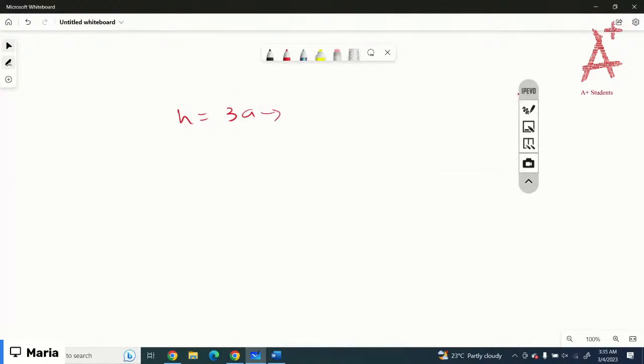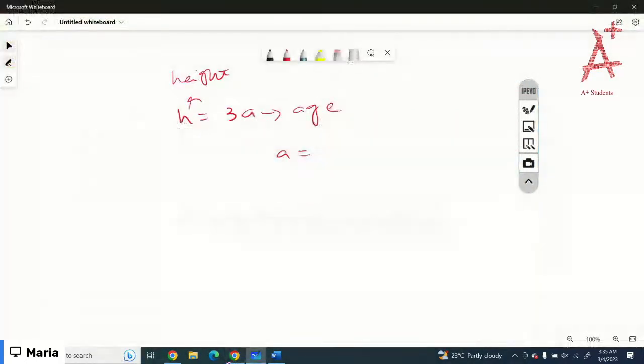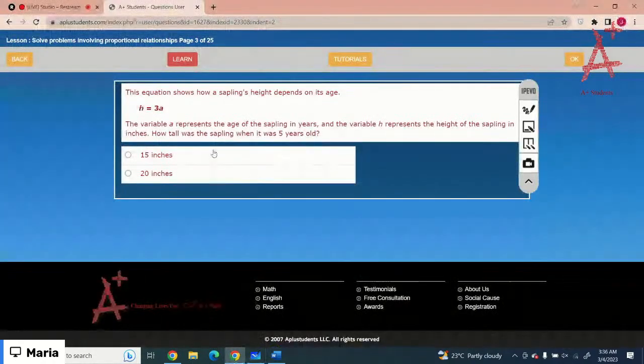A represents the age and H represents the height. So A is 5 years old. So H equals 3 times 5, and 3 times 5 equals 15. Got it? That means when the age is 5 years, the height of the sapling is 15 inches. Got it?